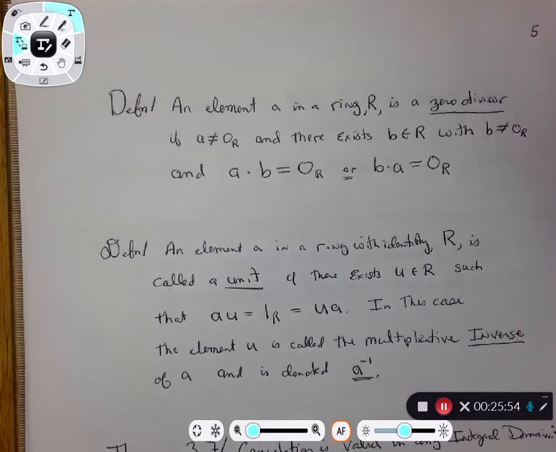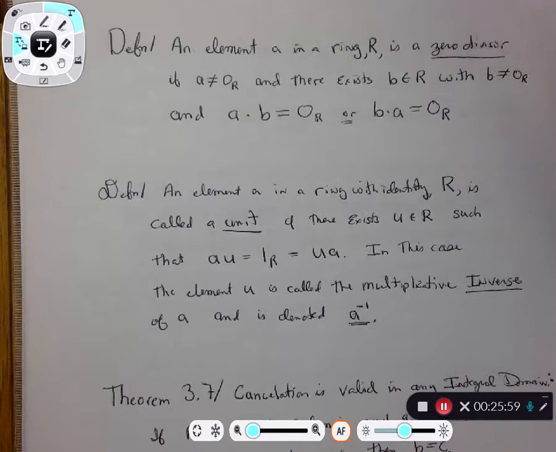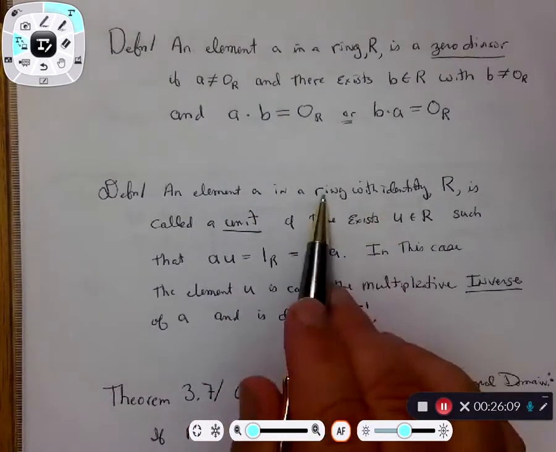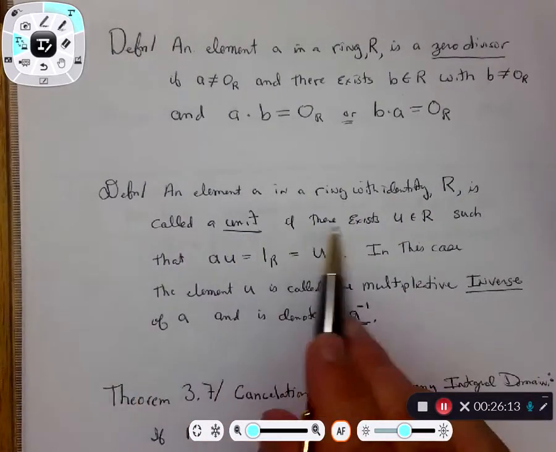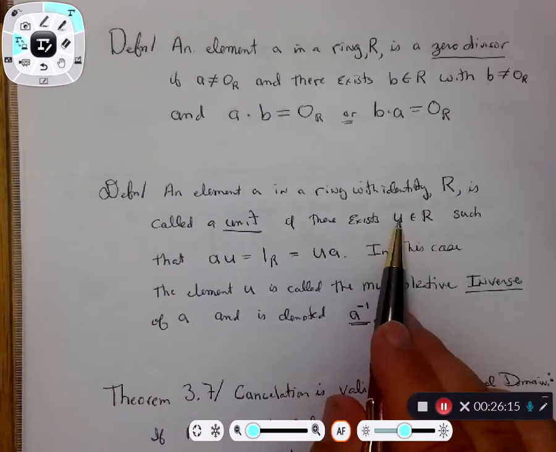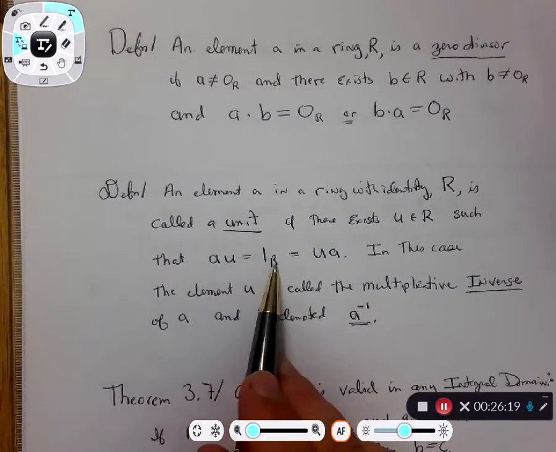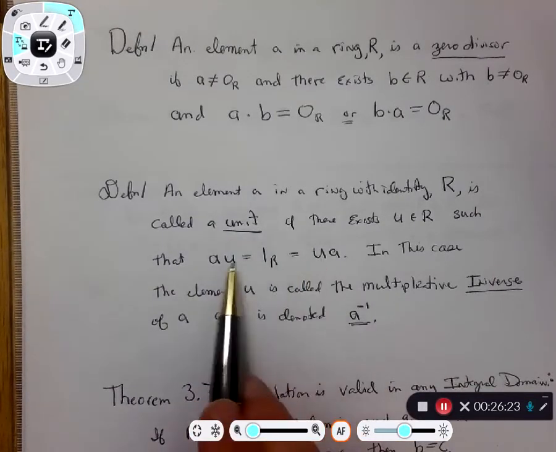The other definition that we're going to rehash and talk about in terms of general ring structure is the concept of a unit, a multiplicative inverse. An element A in a ring with identity R, you have to have a ring with identity, is called a unit if there exists an element U in R such that A times U is equal to 1 in R, which is equal to U times A. Now here, it's commutative.